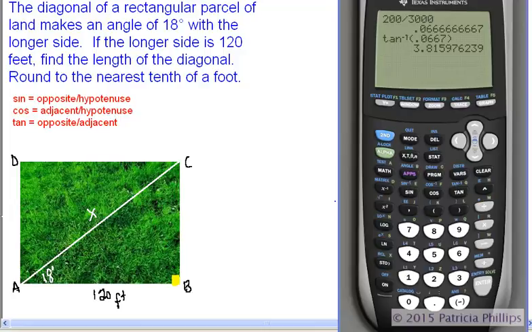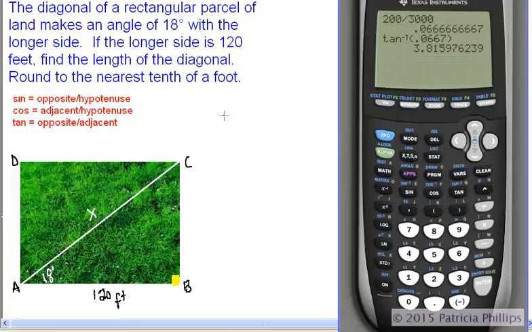The diagonal of a rectangular parcel of land makes an angle of 18 degrees with the longer side. If the longer side is 120 feet, find the length of the diagonal. Round to the nearest tenth of a foot. Okay, so looking at our diagram, we have a little patch of land, and one side is longer than the other because it's a rectangle.